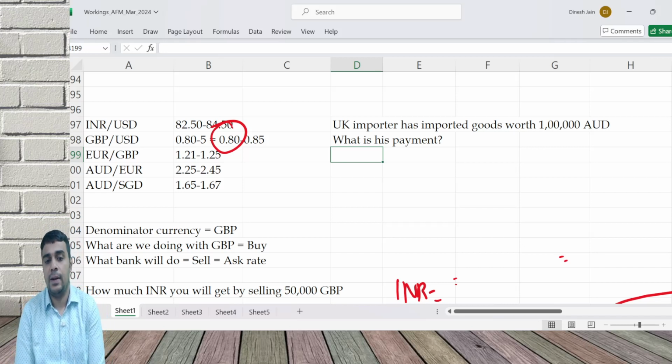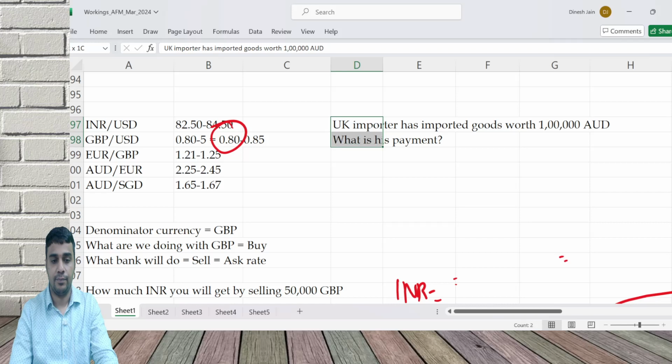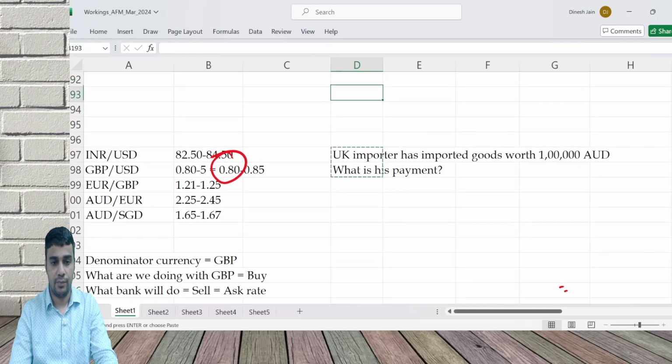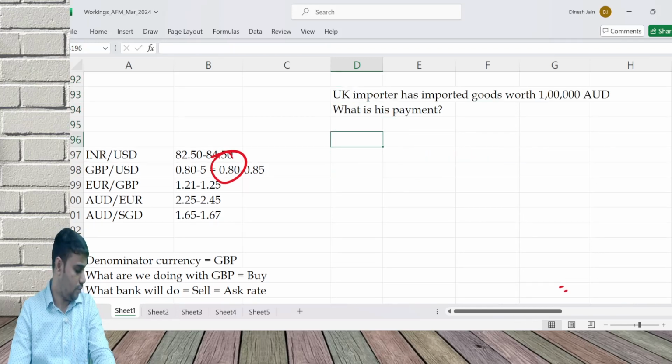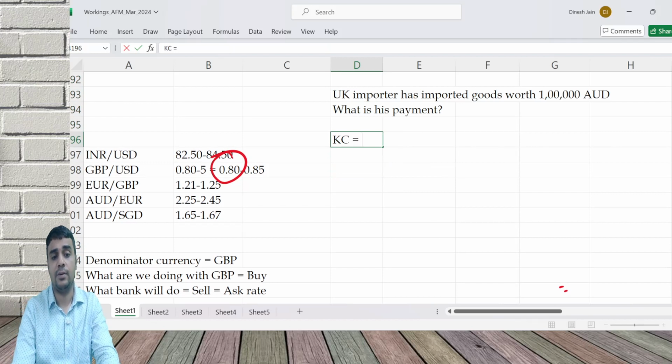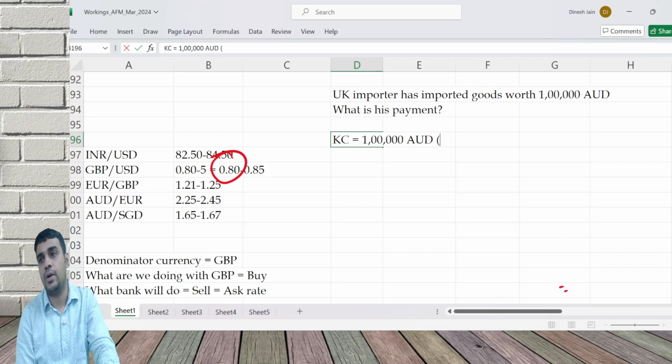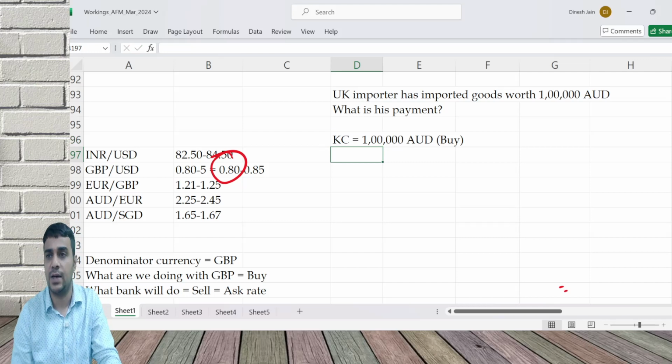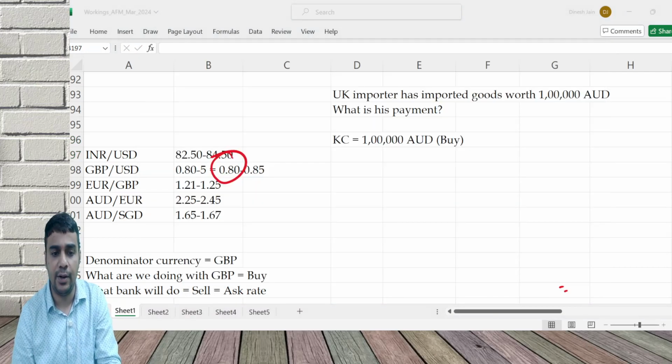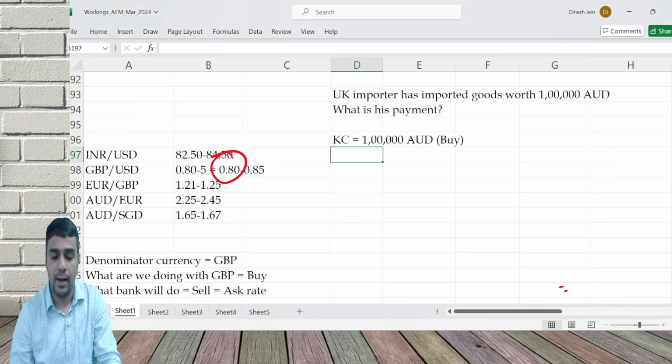What is this payment? Known component: 1 lakh AUD. What are you going to do with the Australian dollar? Because I have imported goods, I need Australian dollar. 1 lakh AUD I'll buy.